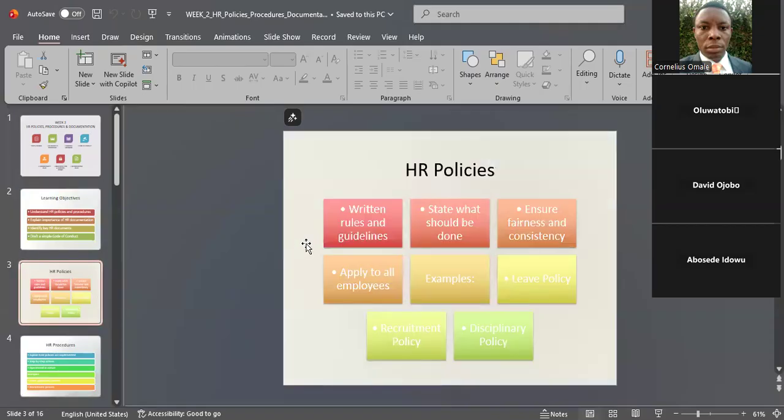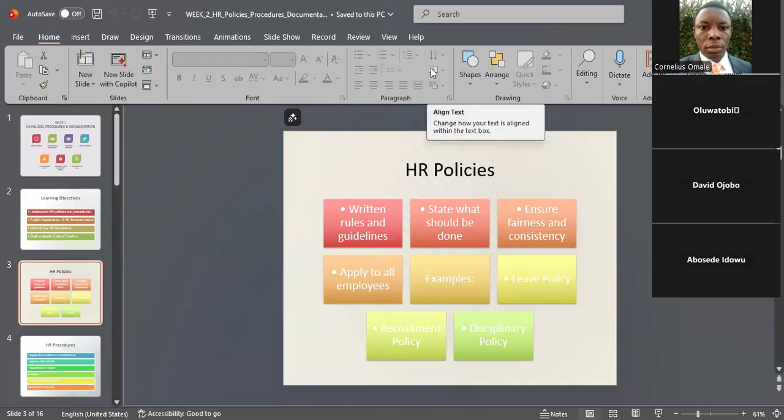Now, the next thing, let's look at HR policy. What is HR policy? When you just hear that name, HR policies, it is simply written rules and guidelines. Another definition: it states what should be done.